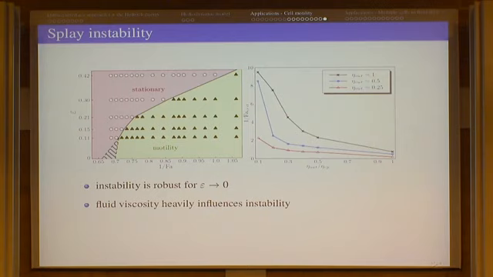They should be, of course, but we wanted to prove this, or to do some simulations, and we could show that if epsilon goes to 0, we get a stable critical activity parameter. And of course, this instability is heavily depending on parameters which influence the flow.